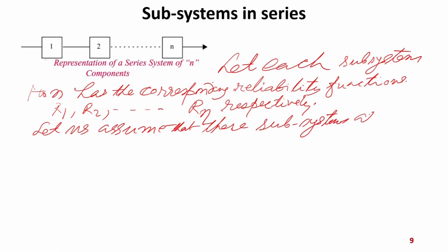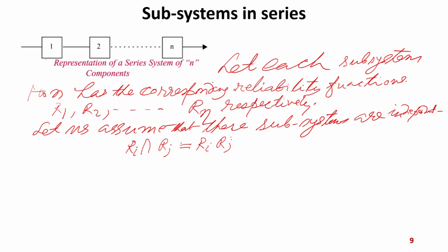Statistically independent means that if I take the probability of survival of the ith element and the probability of survival of the jth element, and then take the intersection, that is the AND operation, I should be able to write it as R i R j.